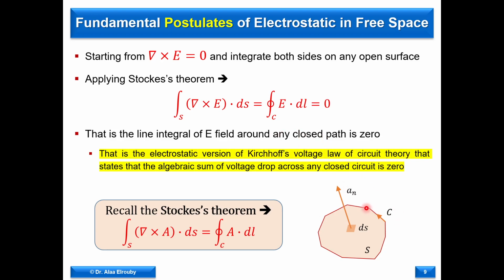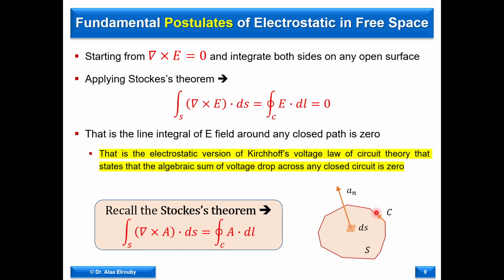So the potential difference between any point and itself equals 0. It looks trivial, but this is a major law. Why? Because it is stating that this field is conservative.